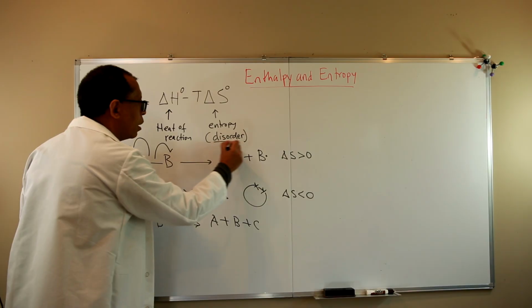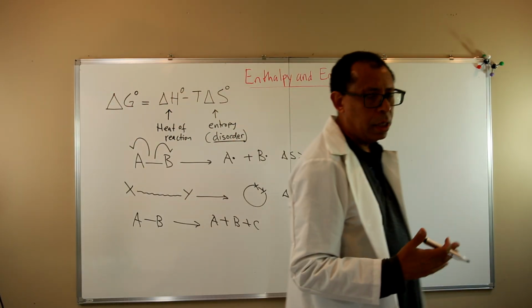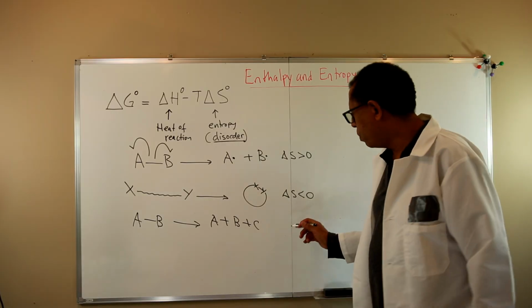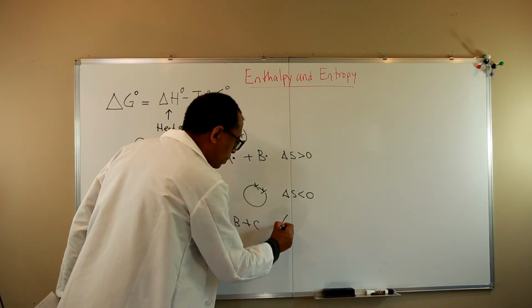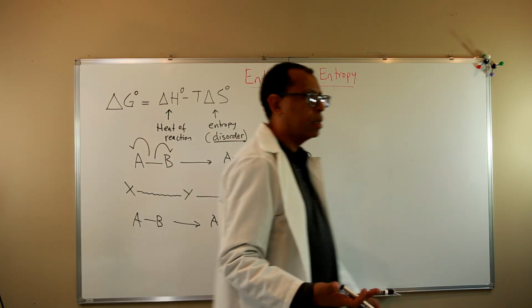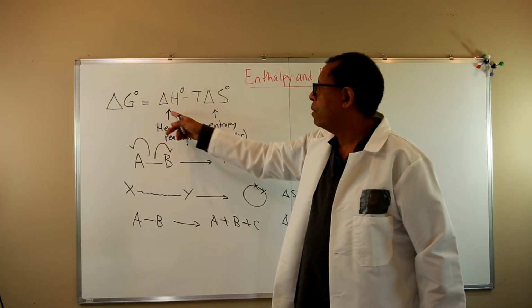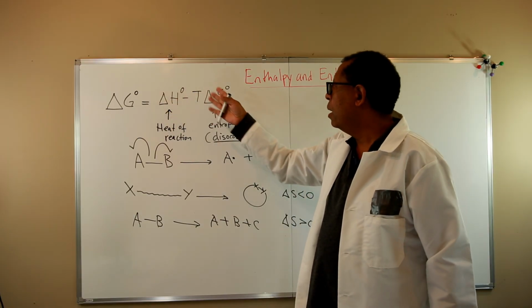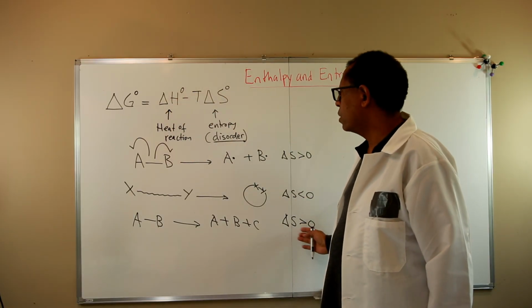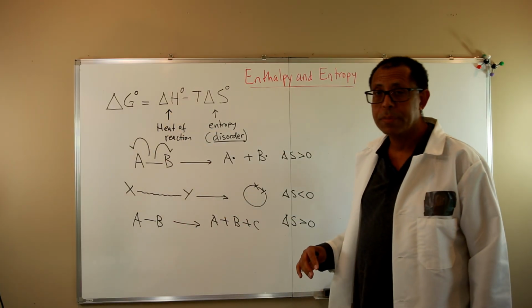You are increasing the disorder. The disorder is being increased, that means entropy is greater than 0. When entropy is greater than 0, and maybe delta H is less than 0, delta S greater than 0, you have a favorable situation to decompose it.